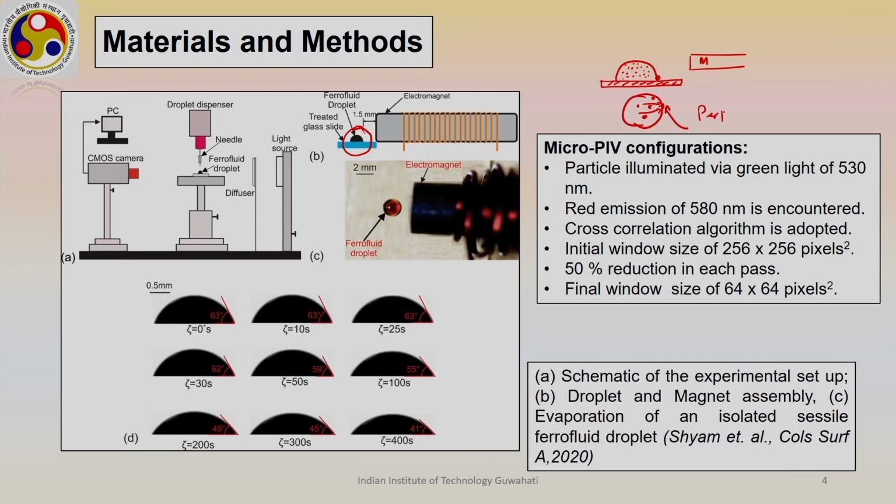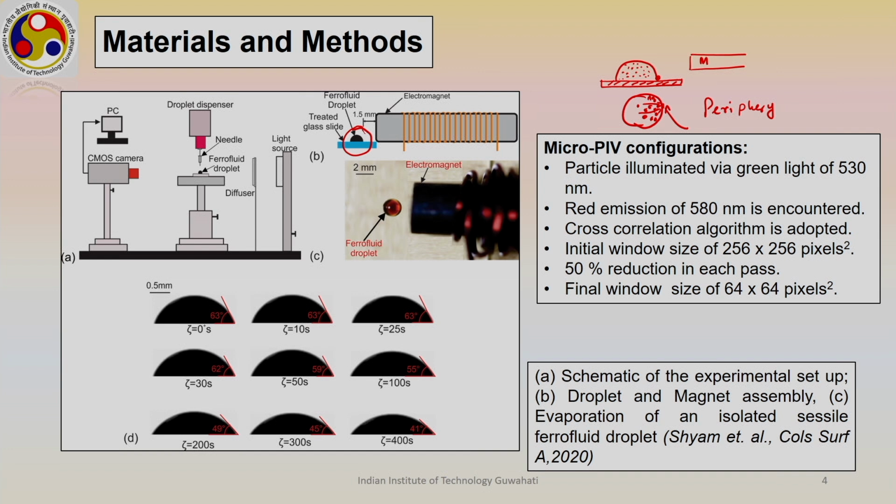So, this is the periphery of the droplet. All particles will be moving towards this end. The outer periphery of the droplet, which is very close to the magnet, particles will be moving towards that periphery. This is our intuition.